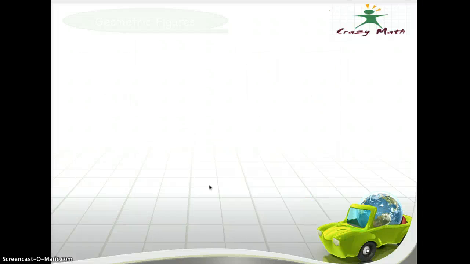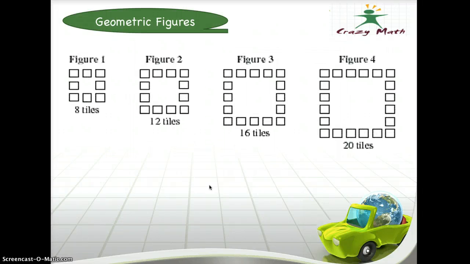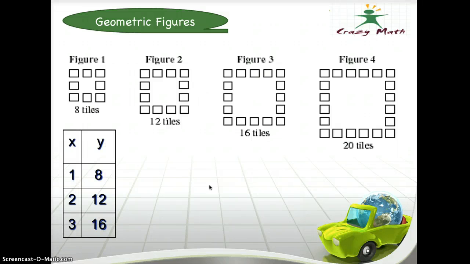Another geometric figure to test your understanding. Here you go. And then all the figure numbers, 1, 2, 3, complete this table again. We're missing figure 4, that should be 20 tiles. Use the rules again and find out what is the rule or function for these geometric figures. Let's see if you're correct.